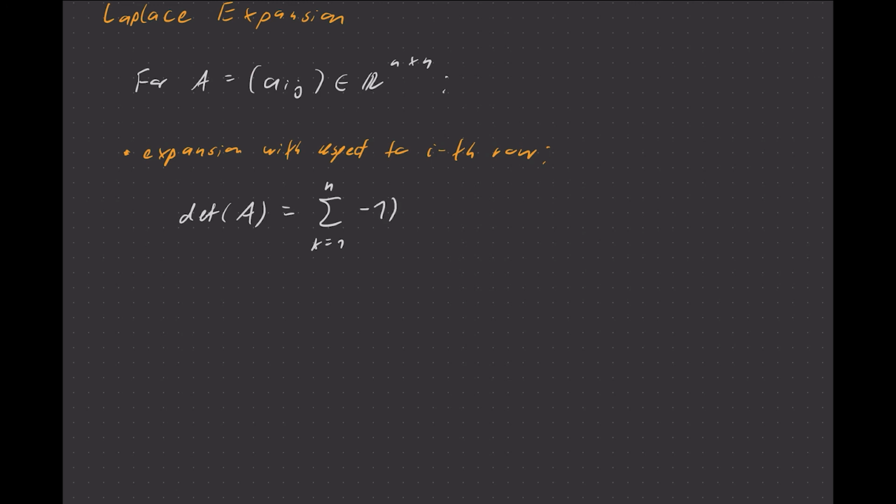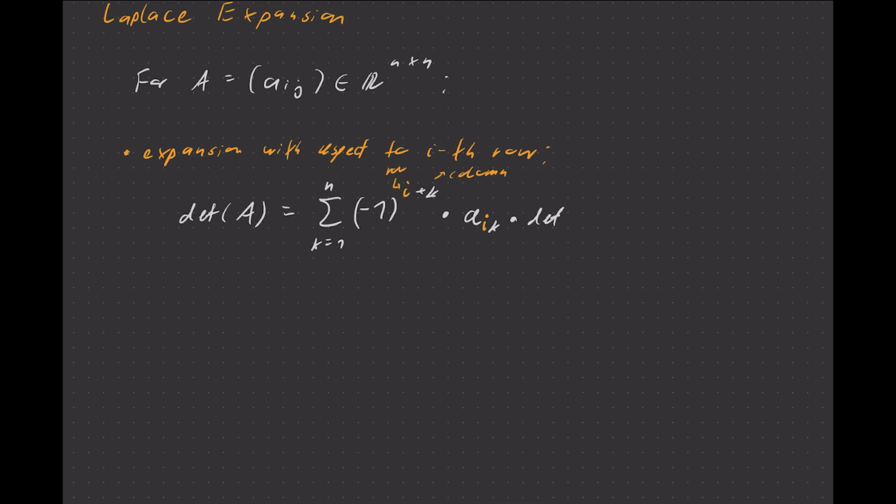We have a sign that is determined by (-1) to the power of row plus column. So this here is the row. This here is the column number of that current entry. We multiply that by the current entry, so that's a_ik, for ith row and kth column.